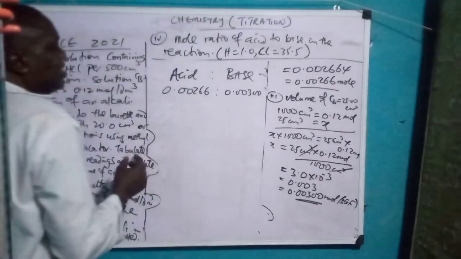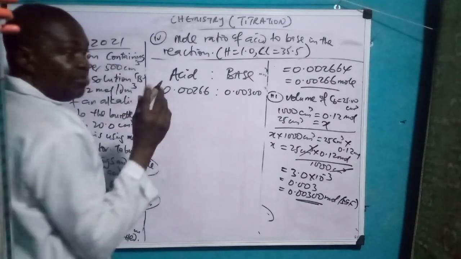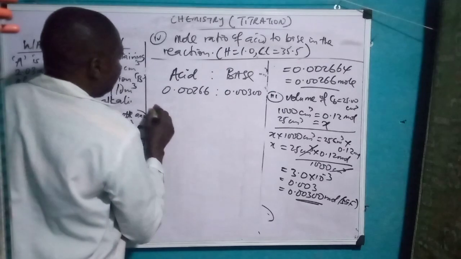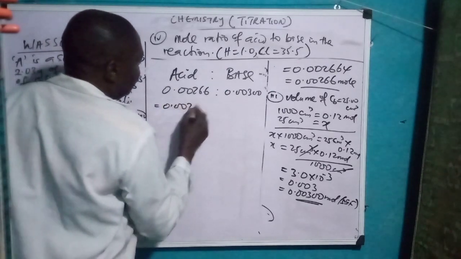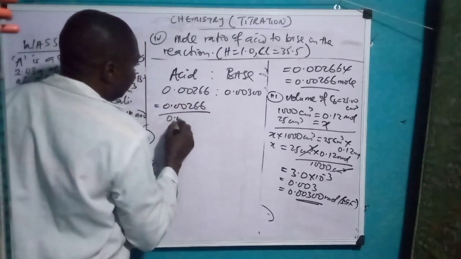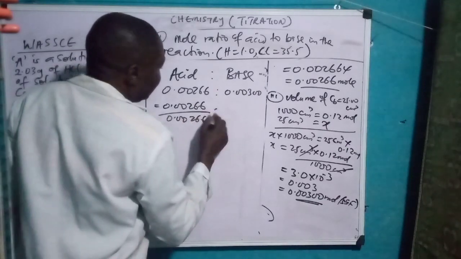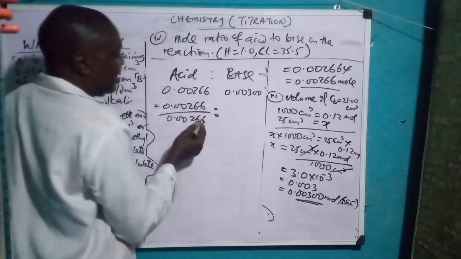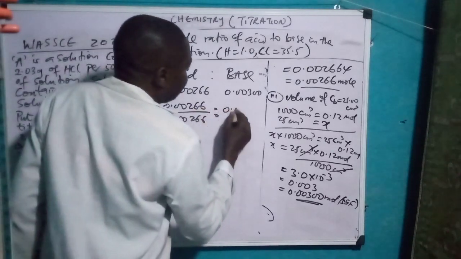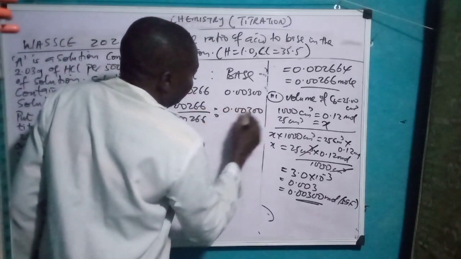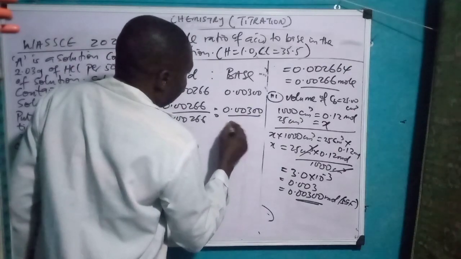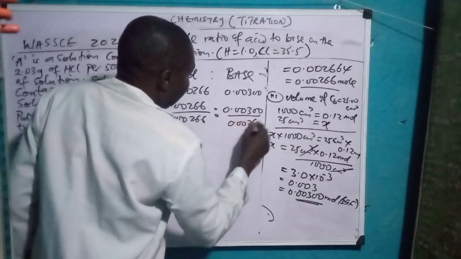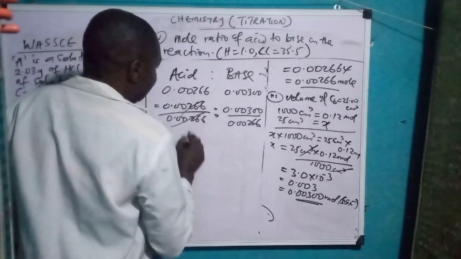So to find the mole ratio, divide by the smallest, based on the empirical formula method. Now it becomes 0.00266 over 0.00266, which automatically gives us one. Let's see what the other one will give us.